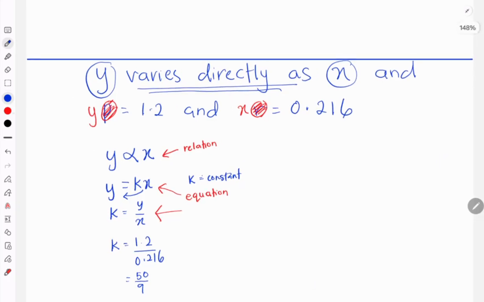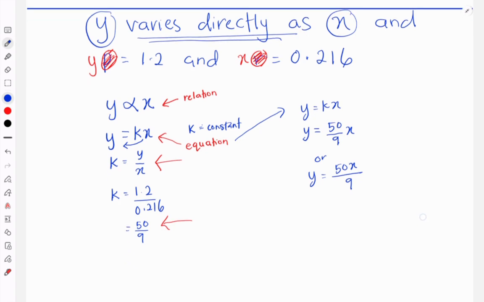After you find the value of k, you must be able to write the equation form with the value of k. That means you must substitute the value of k in the equation. From the equation earlier, y equals kx. After you find k, substitute it: y equals 50 over 9 x, or y equals 50x over 9.